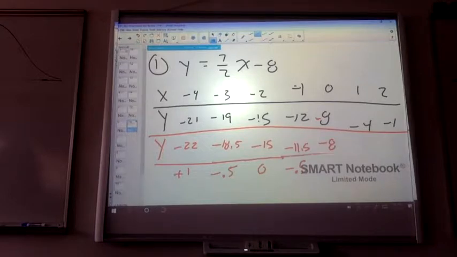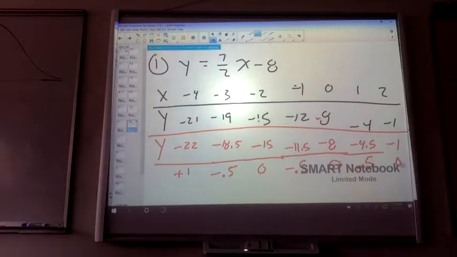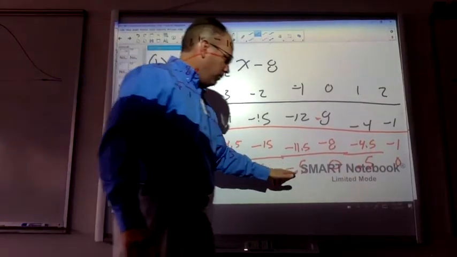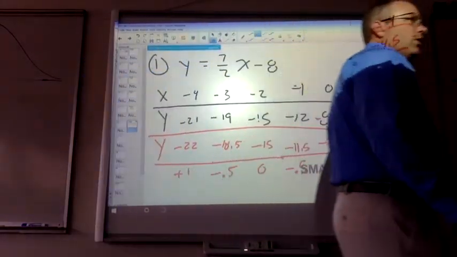So it gives me a residual of 0. If I plug 1 in, I get 3.5, so it's a negative 4.5. If I subtract those, I get a positive 0.5. If I plug 2 in, 7 minus 1, that's 0. So my residuals: positive 1, negative 0.5, 0, negative 0.5, 0, 0.5, 0.